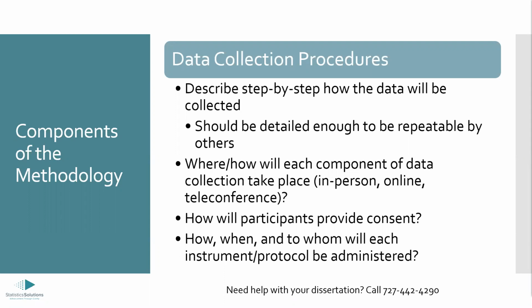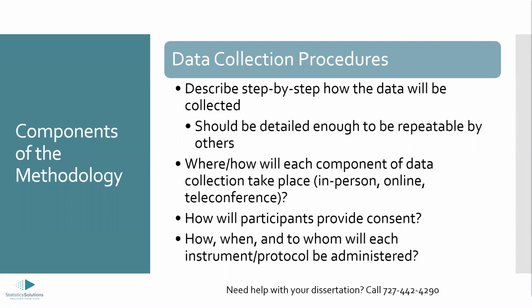So you'll want to be very specific in describing who is going to get what instrument and in what order this is going to happen. Again, this goes back to the issue of how you're going to collect your data and integrate the data together.